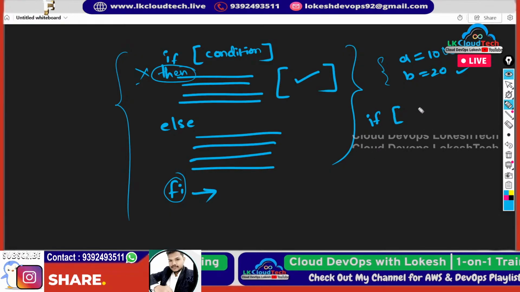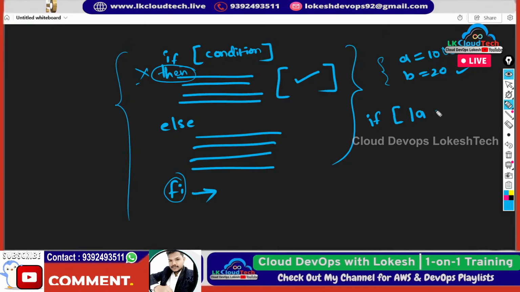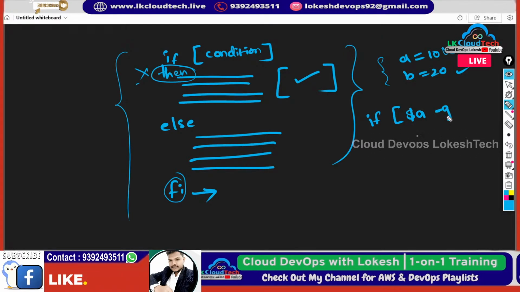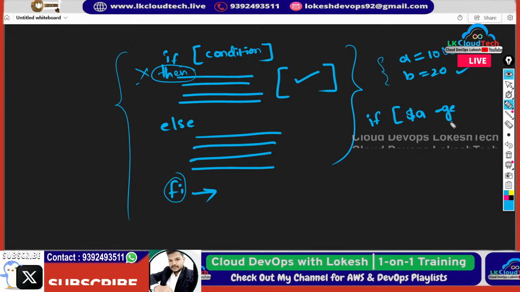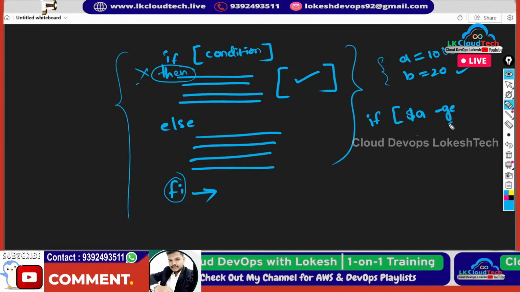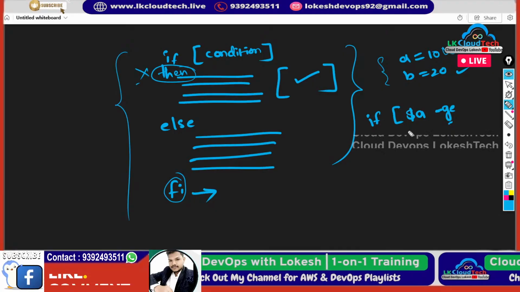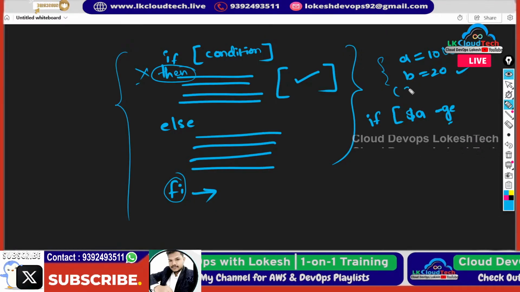if $A, you know this dollar already, we have discussed it. G means greater than, greater than or equal to. I am writing a general statement here.